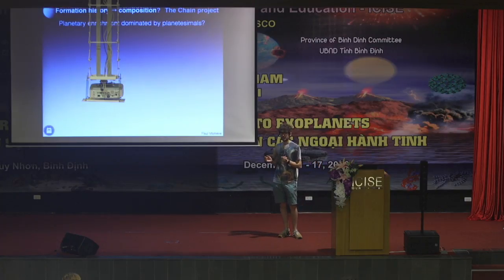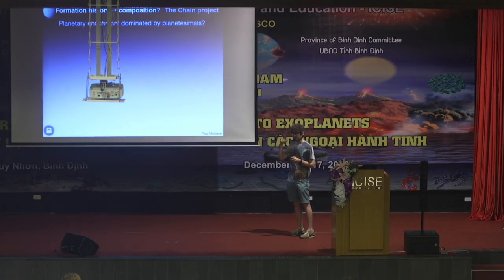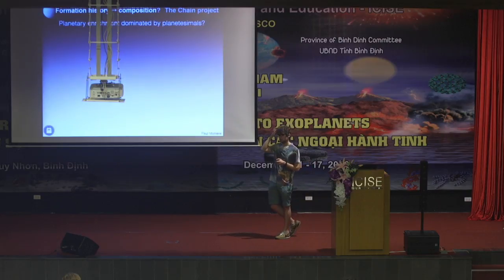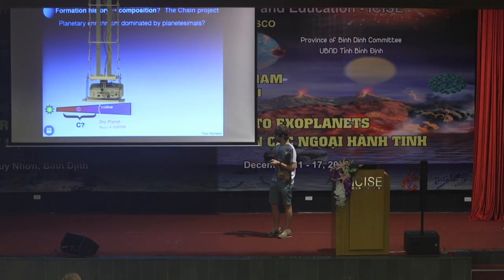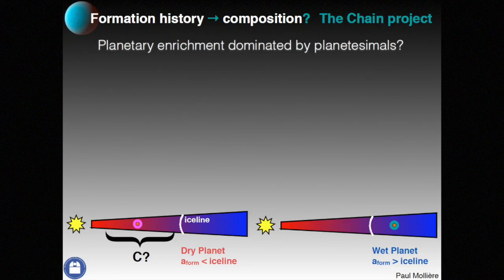It's not the disk gas which sets the total enrichment of the planet, at least if it's below 2 to 10 Jupiter masses. It's the accretion of planetesimals that enriches the planetary envelope. Having that in mind, we asked ourselves, if you want to constrain where the planet forms in the disk, what are the 2 most fundamentally different ways of how to form a planet? And we came up with 2 pretty straightforward planets.